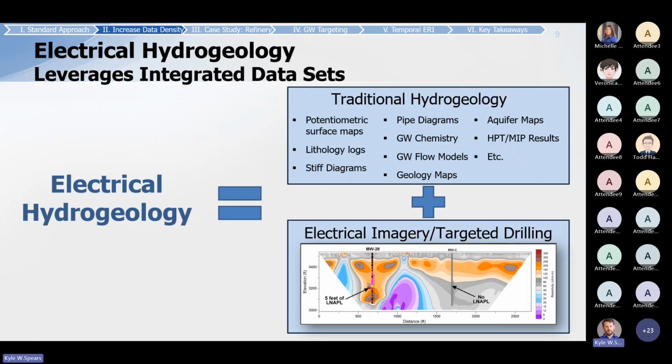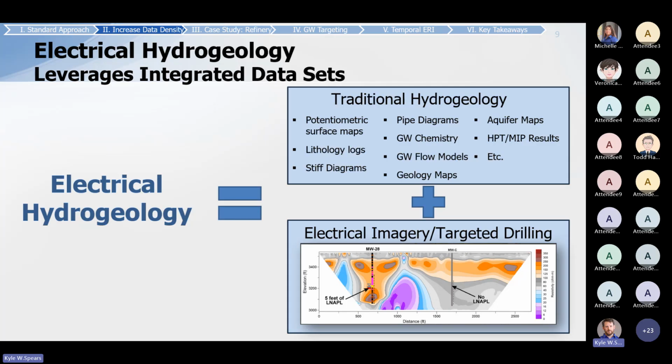So the scanning tool is great, but there's nothing magic about how we're able to come up with good CSMs, or conceptual site models, for our clients. That's done through electrical hydrogeology. As promised, we'll define that, and it's pretty simple.